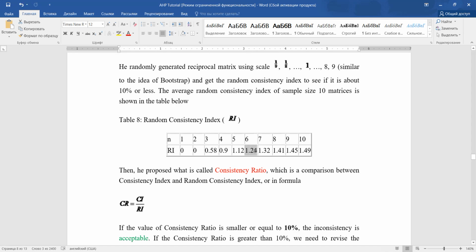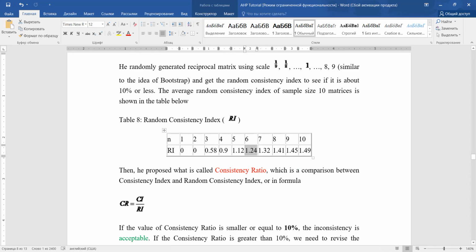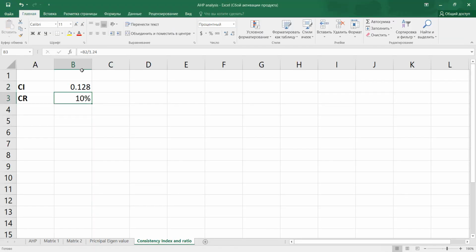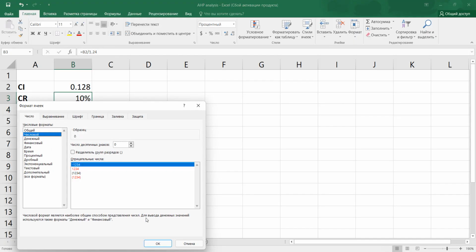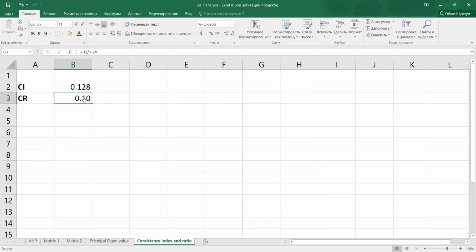So the random consistency index will be 1.24. So I divide the consistency index, this value, by 1.24, and I have this value. I can transform it to a number, right? So 0.1, and in percentage it will be 10%.